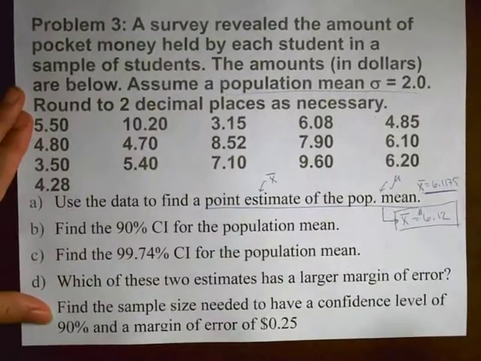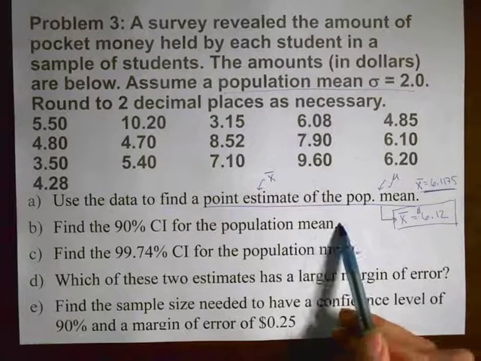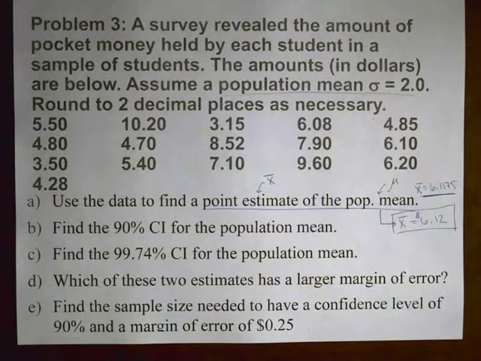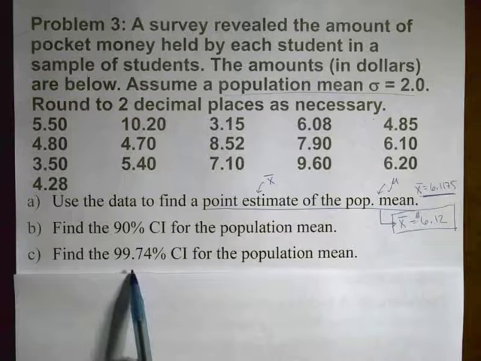Okay. The next part, let's go back to our problem. Find the 90% confidence interval for the population mean. Oh, we did that one. Find the 99.74% confidence interval for the population mean.